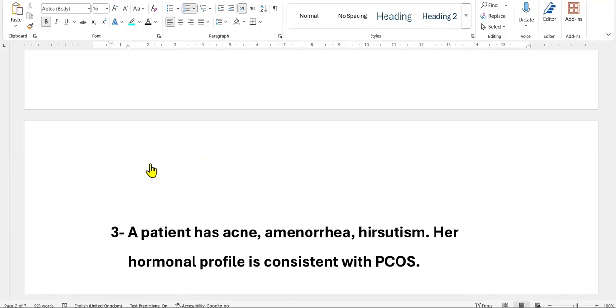Okay, sacs. Yeah, fluid-filled sacs. If you want to avoid using the word cyst or the word sacs, you can say the ovaries are not working properly. So this is a way to explain PCOS. All right.